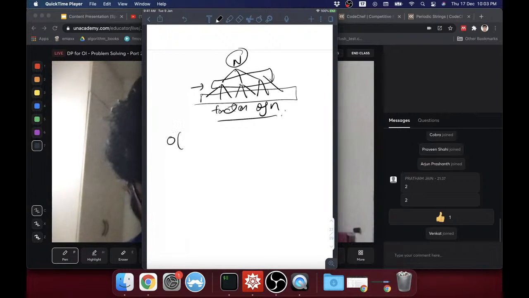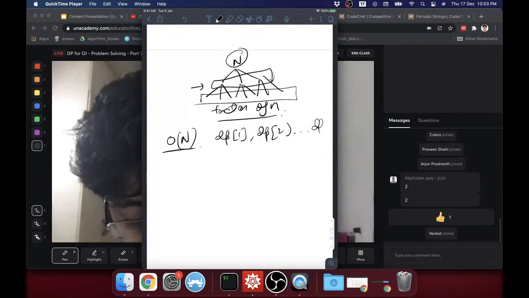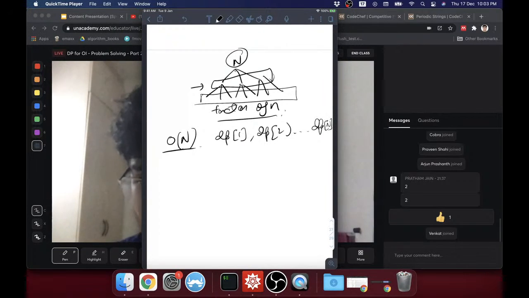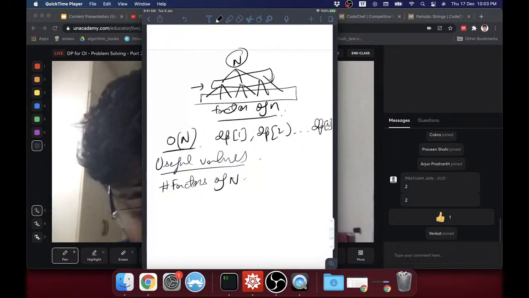So instead of spending order n time calculating dp1, dp2 up to dpn, you'll only calculate the useful values. And how many values are useful to you? The number of factors of n, which, we showed earlier, is around order square root n.